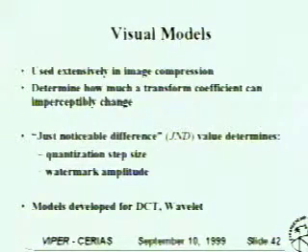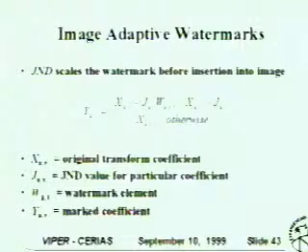In the compression community, this is sometimes used for quantization step adjustment and some other parameters. It's also been used, I think, in some motion vector work in MPEG, hasn't it, Paul? I think it has. And we're using it here to look at some watermark amplitude variations.